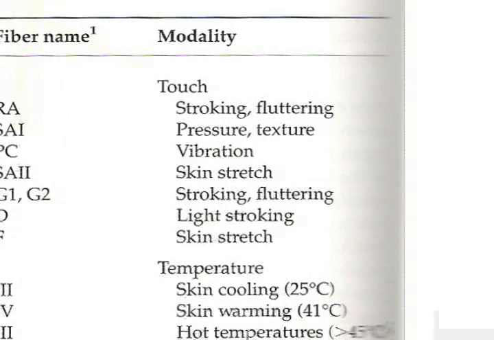Look under touch there on the right-hand side. Stroking and fluttering is one kind of nerve. Pressure and texture is another. Vibration is another type of nerve. Stretching of your skin is another type of nerve. There's some more stroking and fluttering of a different type, but it has to do with hair. So there's a difference between nerves that are associated with our hair than there is with our skin, for instance.